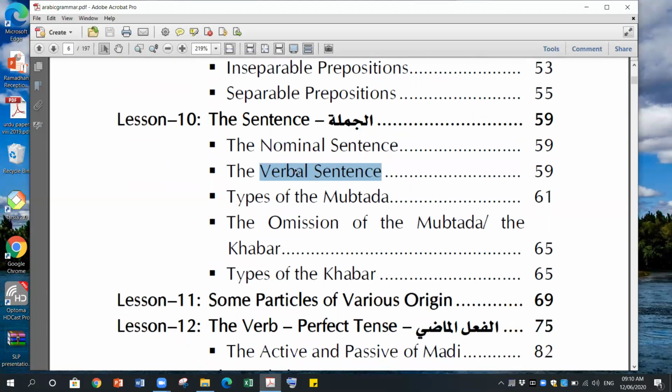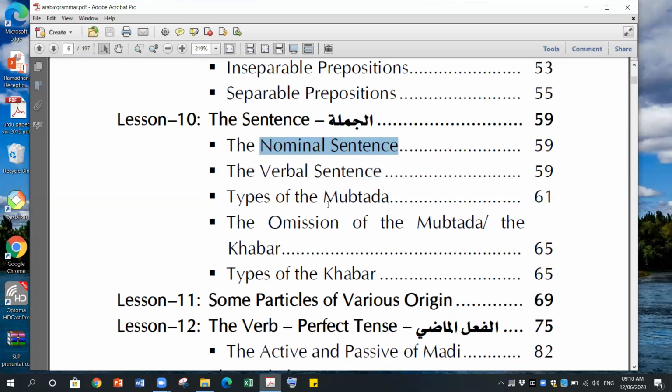And then of nominal sentence we saw that there are mubtada and khabar, the two parts of nominal sentences we discussed. I think 2 classes back we discussed this. Nominal sentence means a sentence which starts with a noun, and it will have two parts.